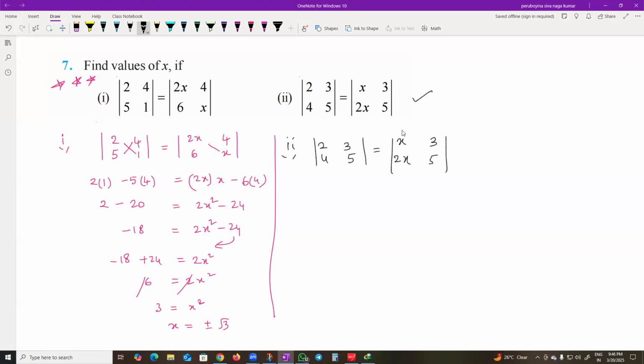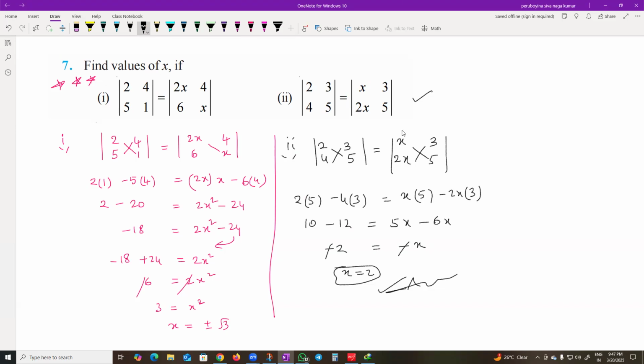Let us confirm that. 2 into 5 minus 4 into 3 is equal to x into 5 minus 2x into 3. So this is 10 minus 12 equals 5x minus 6x. This is minus 2, and here minus x, the minuses cancel, and x is equal to 2. Yes, it is the correct answer, 2. Understood, everyone?